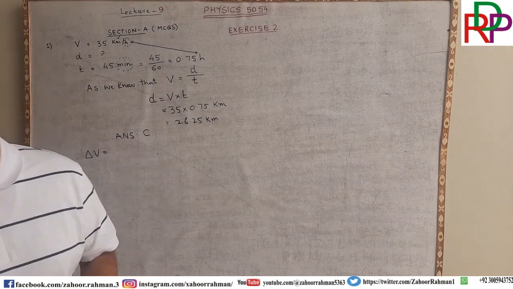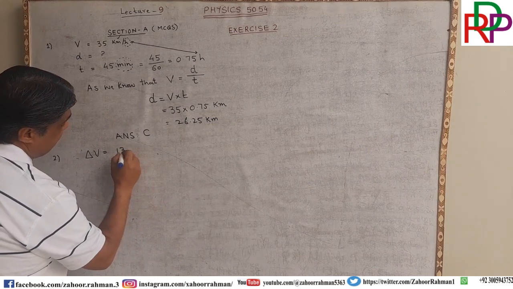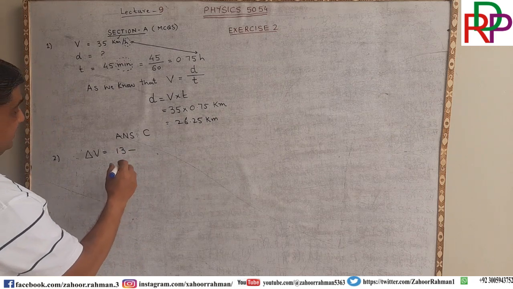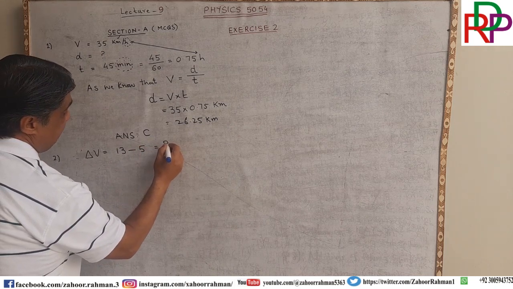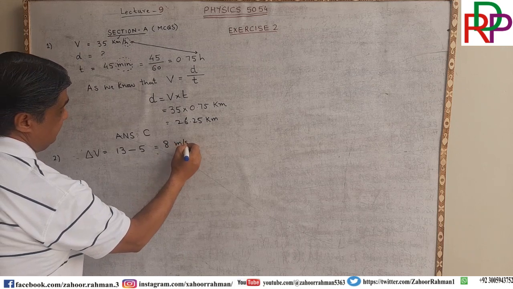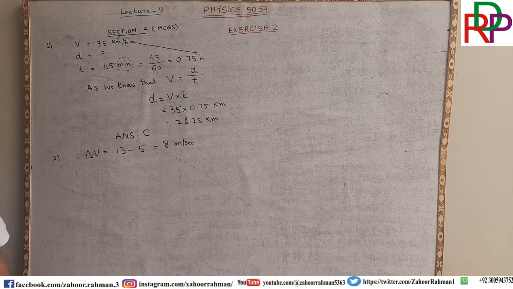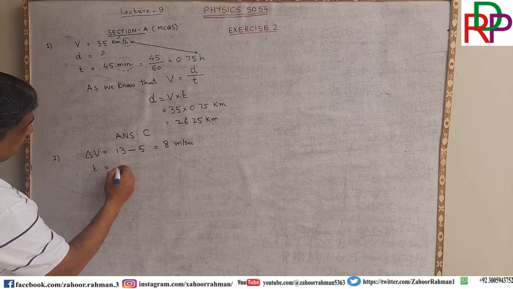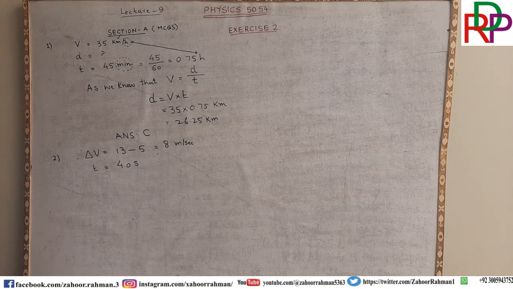Because there is a change in the velocity and we are having the final velocity as 13 and the initial velocity is 5. So it means 8 meter per second is the change in velocity. What is the acceleration? The time is given as 4.0 second.